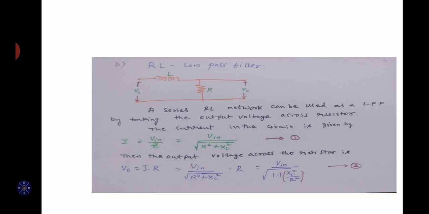Like XC is the capacitive reactance for capacitors, similarly XL is the inductive reactance for inductors. XL equal to omega L equal to 2 pi FL. Therefore, XL is directly proportional to frequency. But in the case of a capacitor, XC is equal to 1 by 2 pi FC.